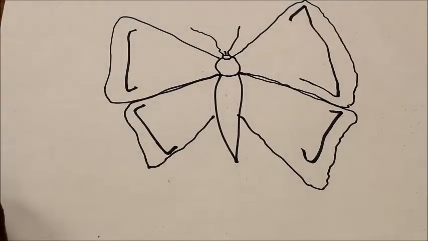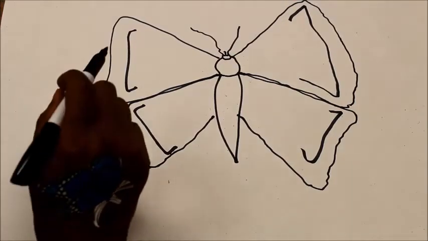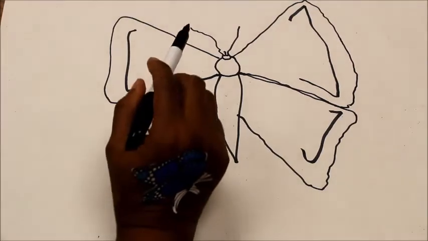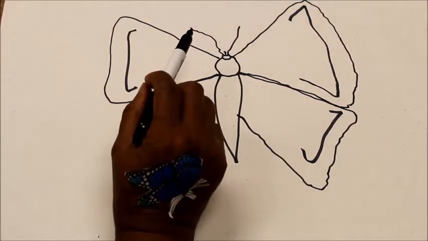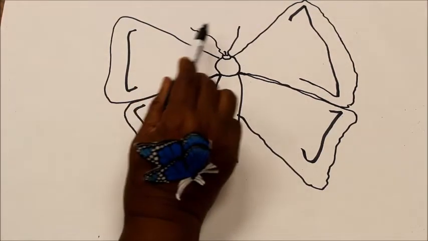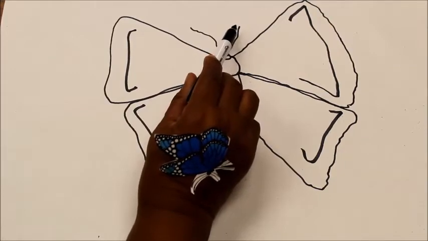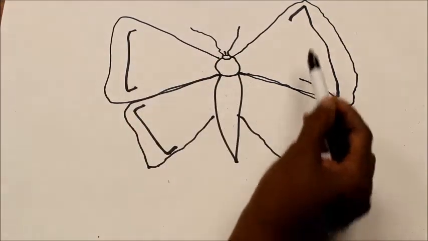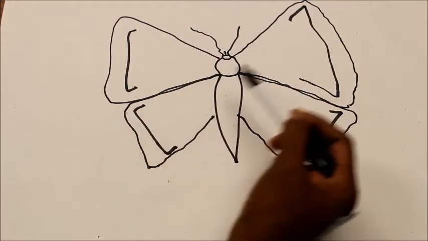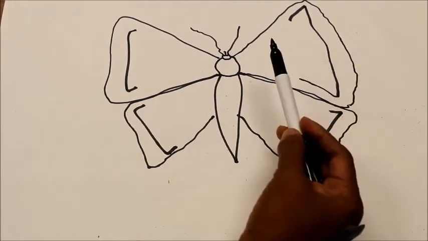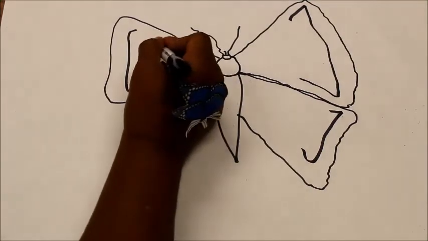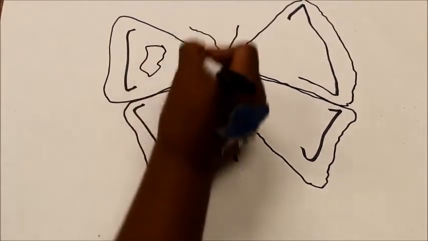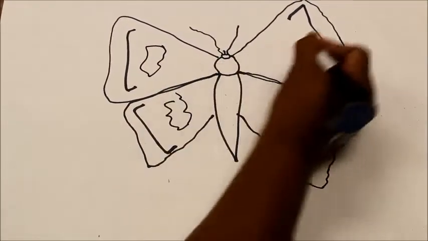Okay, now, what do we know about butterflies? They taste with their feet. They drink. They don't eat, they drink. So they drink nectar from what? Flowers. They have 4 wings and they are transparent, meaning that you can see through them. And they have all kinds of designs in their wings.